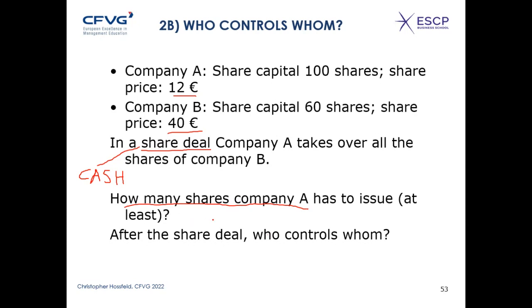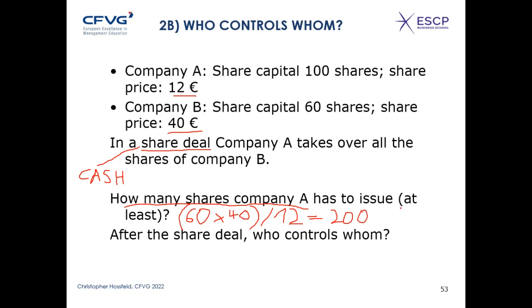Why? Because company B has 60 shares, and each share has a share price of 40 euros. That means the total value of company B is 2,400. We will pay those 2,400 with our own shares, and our shares have a value of 12. That means indeed we need to issue 200 new shares.